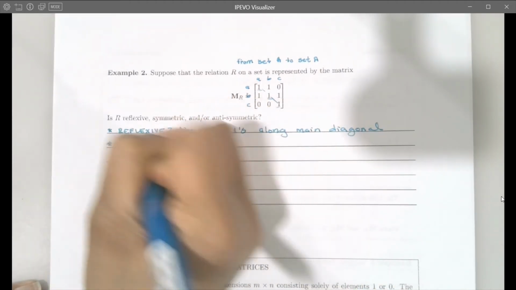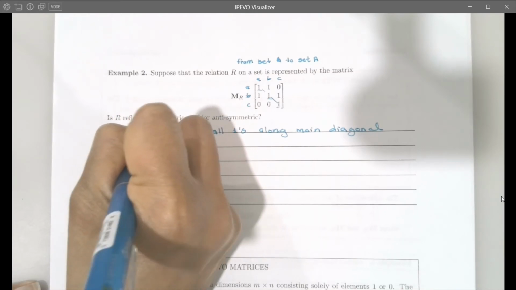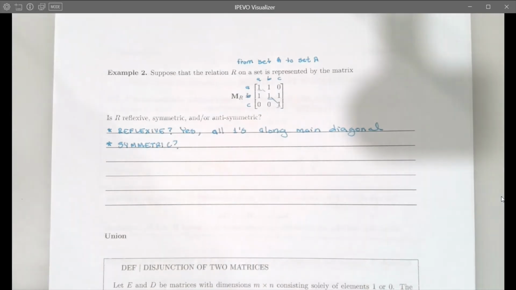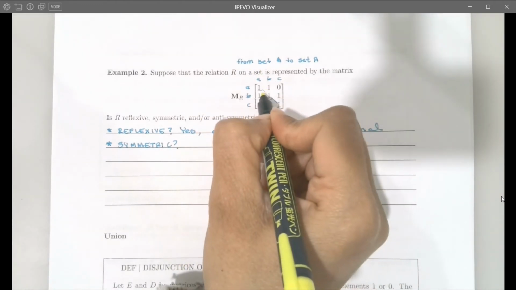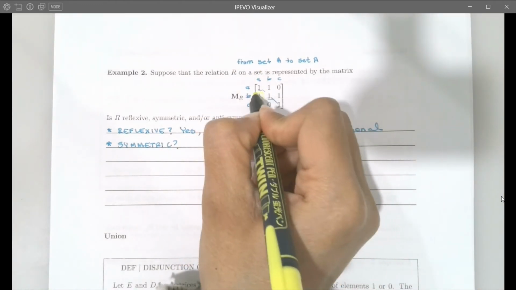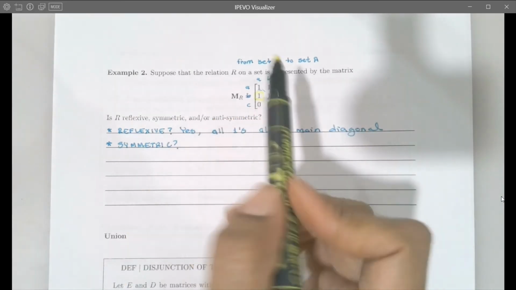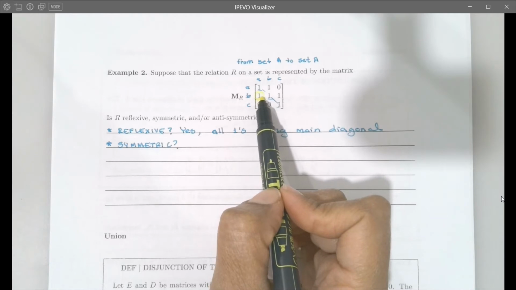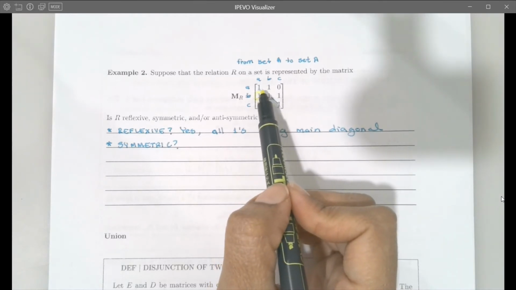What about symmetric? Okay. Well, for symmetric, we said if we use the main diagonal as a sort of mirror, that means that wherever we see a 1, for example on row 2, column 1, that means that we also have to see a 1 in row 1, column 2.